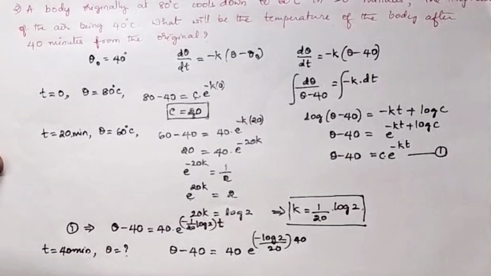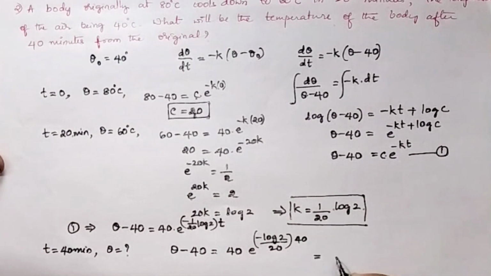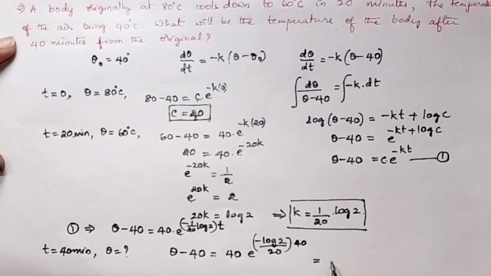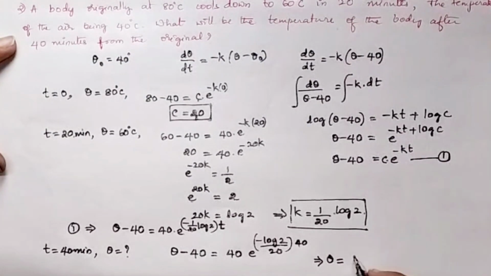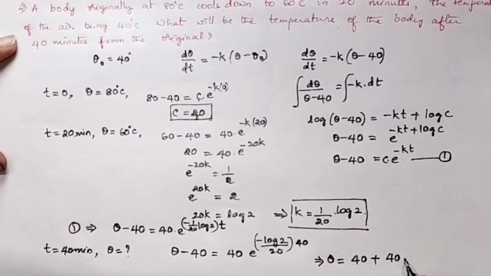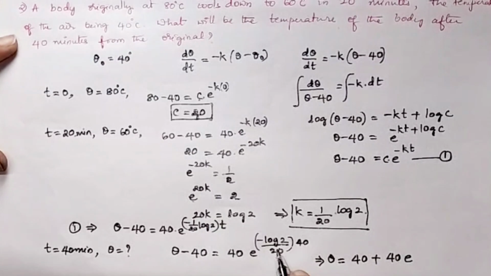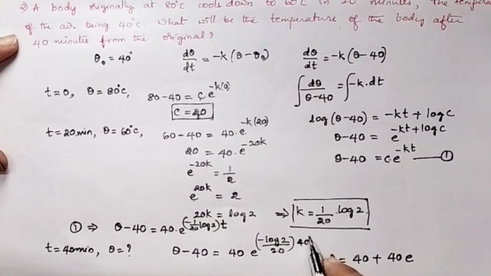Now we have to simplify this. I will write it as θ is equal to 40 plus 40 into e to the power, now this is 2 ones are 2, 20 ones are 20, so 2.